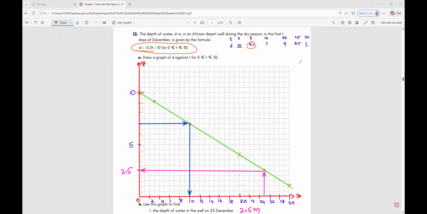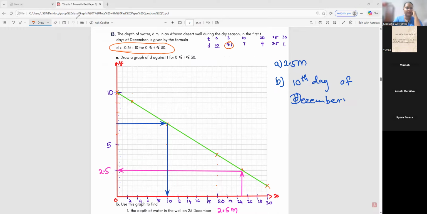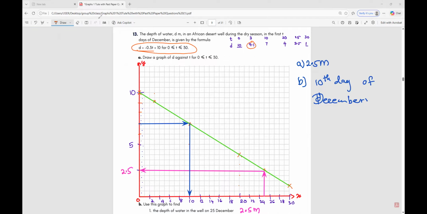The answer for part A is 2.5 meters. Part B, 10th day of December. Now using this line, we can find the depth on any day during this month. So these are the real applications of graphs. Complete this.